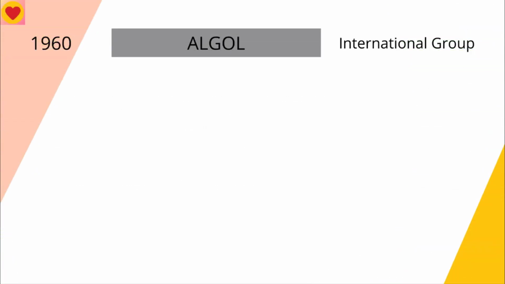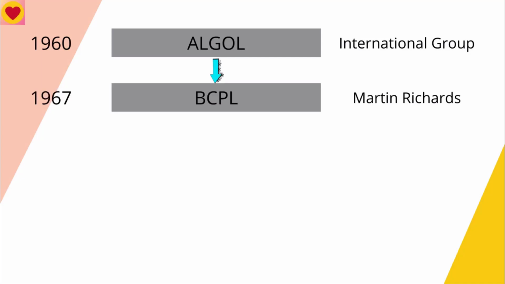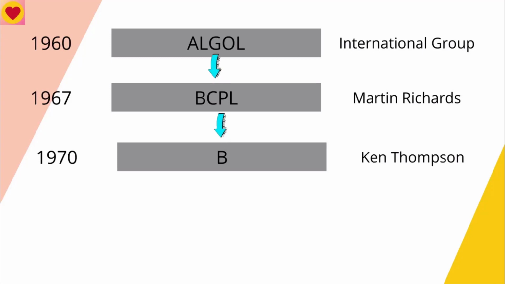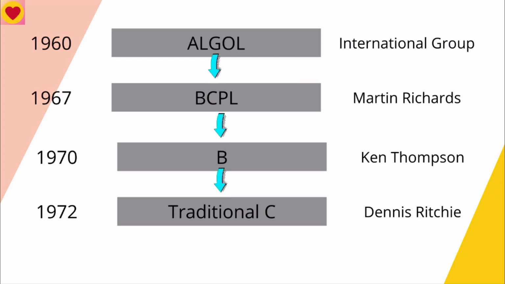Now, recollecting all the stuff. In 1960, Algol was developed by an international group. In 1967, BCPL was developed by Martin Richards. In 1970, B language was developed by Ken Thompson. In 1972, traditional C was developed by Dennis Ritchie.